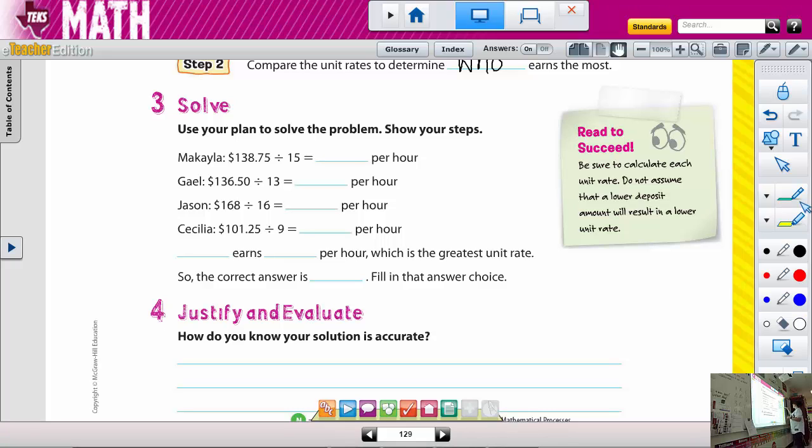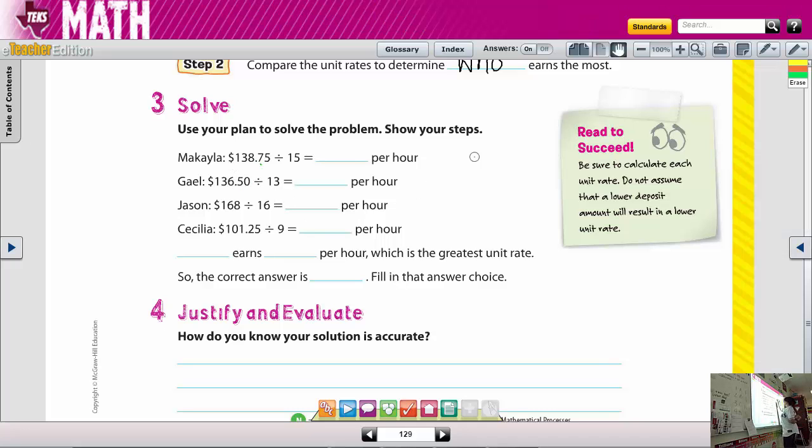I like this better. So this is in the box. So it's 138.75 divided by 15. 15 can't go into 13, but it can go into 138. 9 times.